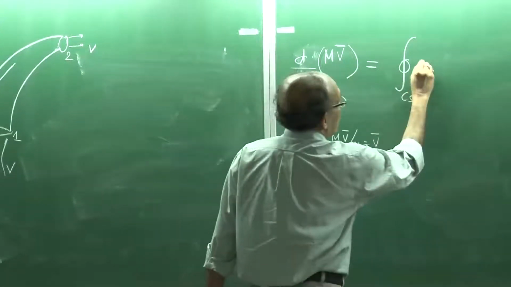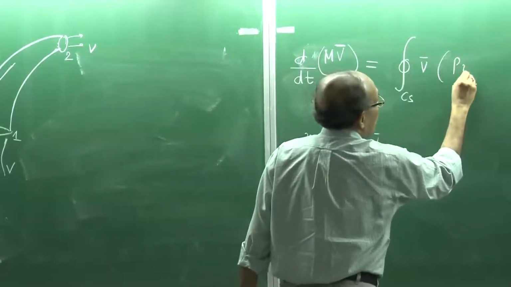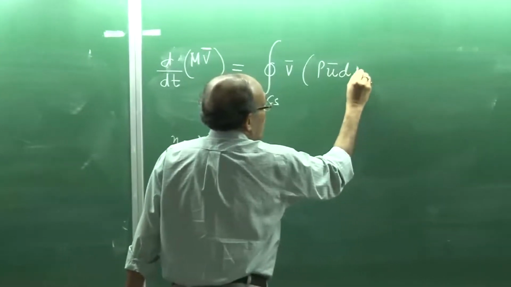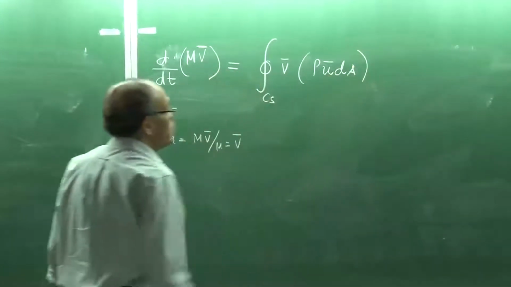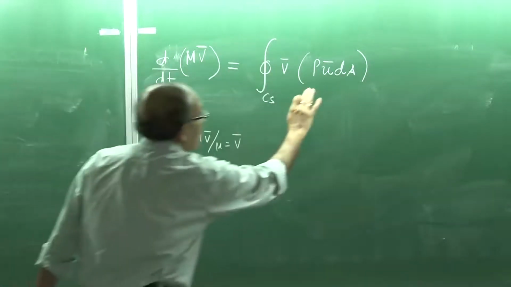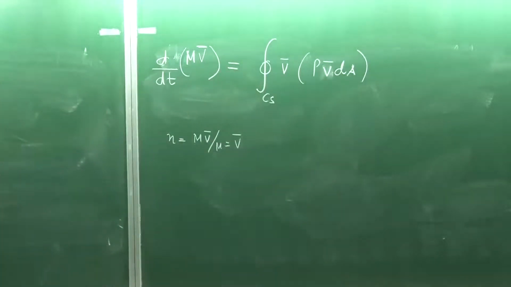So, instead of small n, we write v bar, and then we have rho, whatever I have written, and dA. That is the expression. I will write v into dA.